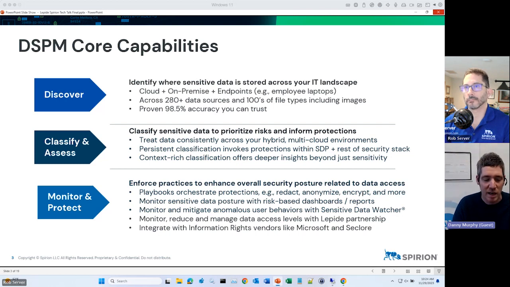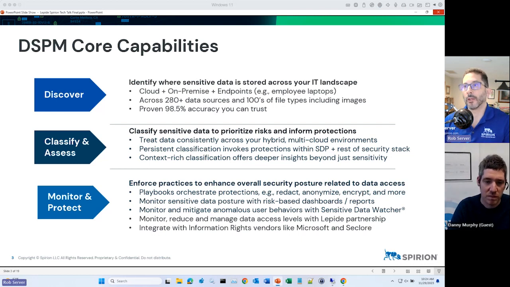We're looking at making sure that we can remediate data that's not in the correct locations, or encrypt the data if needed. But more importantly, when we're talking about monitoring, it's really about understanding if there's any anomalous activity, and being able to identify threats around the data is also really important.